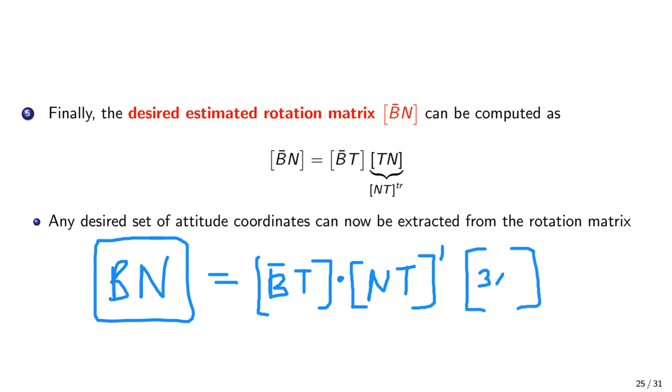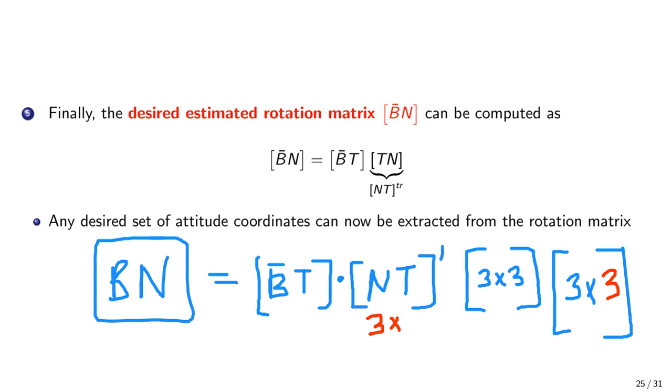It's not going to change, but because you are transposing, it becomes a 3 by 3 matrix in this form. Do you understand this now? And that's how you obtain your BN.